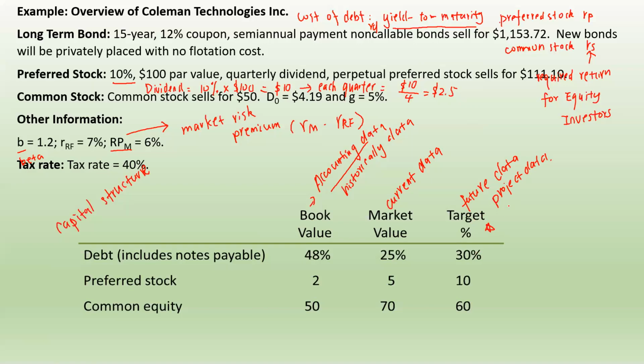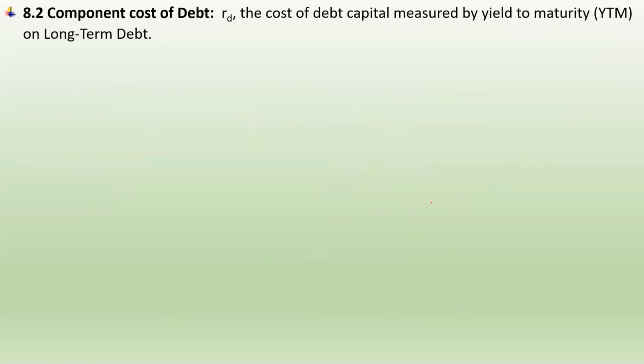We use it to discount future cash flows, to decide whether we accept or reject the project. So the decision is in the future, and that's the reason the future capital structure is the best. If this is not available, the second best is the market value. If we do not have market value or target capital structure, as a last resort we have to use the book value, but we do not prefer this. The best one is still the target capital structure.